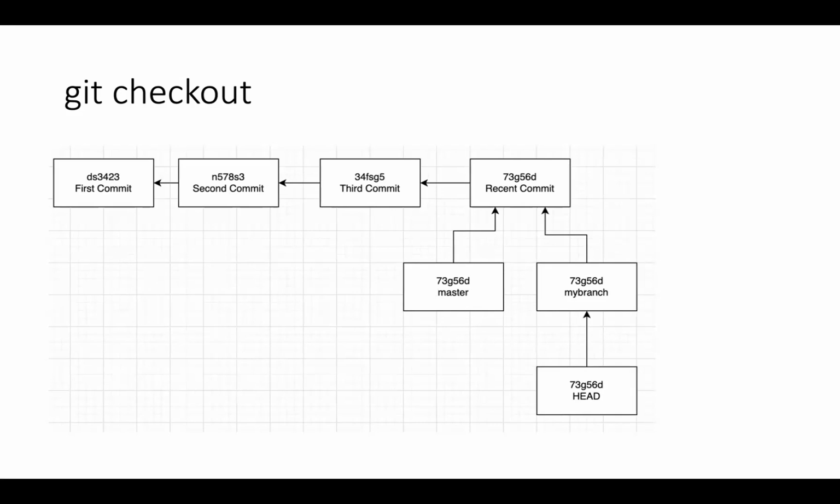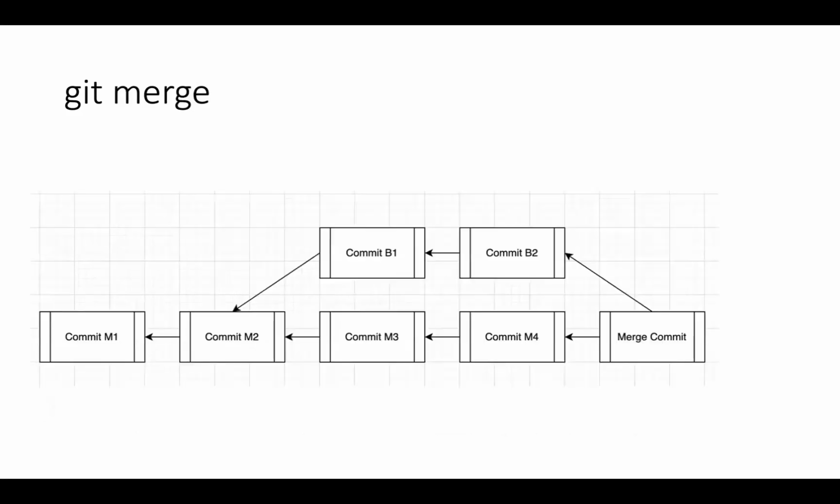And when you do git checkout, the HEAD reference, which was pointing to the master branch, will switch its reference to my branch. When you make a new commit in my branch, a new commit will be created, which will point to the recent commit 73G56D, and my branch will point its reference to the new commit, and the HEAD reference will point to my branch, which in turn is pointing to the new commit.